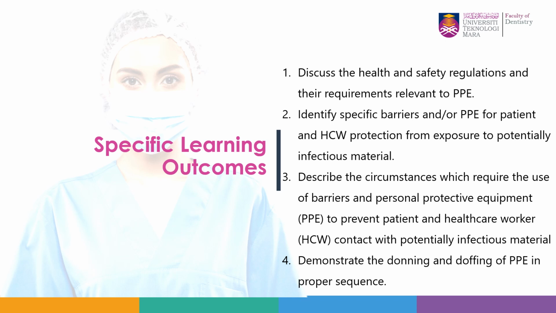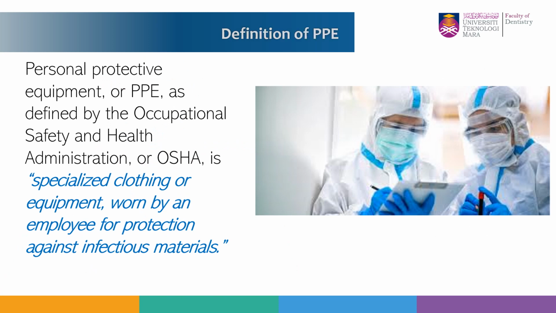All right, so what is the definition of PPE? So PPE, the popular name for personal protective equipment, is defined as per OSHA, or Occupational Safety and Health Administration, as specialized clothing or equipment worn by an employee for protection against infectious materials.